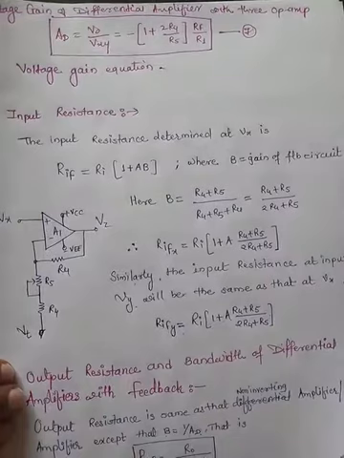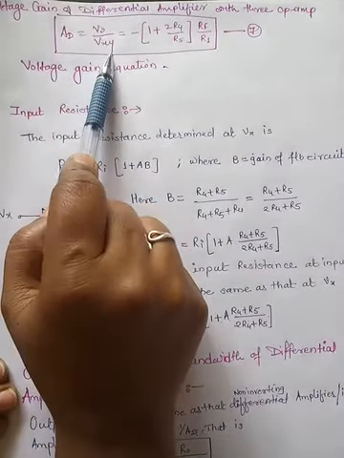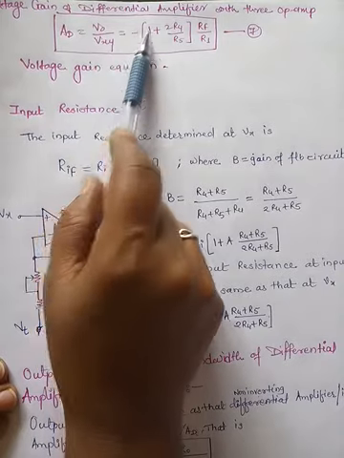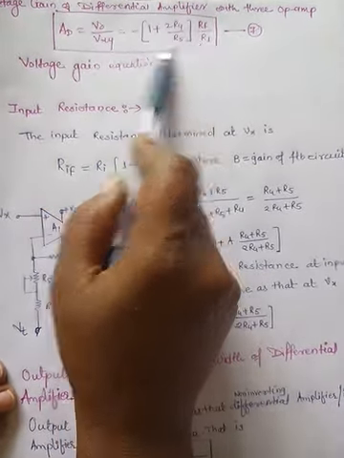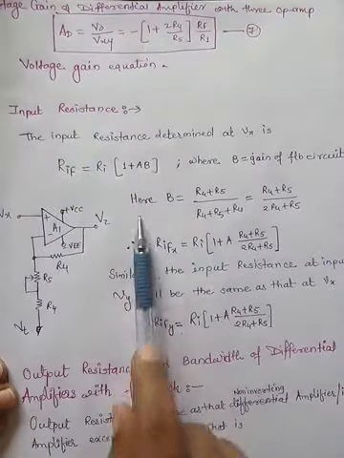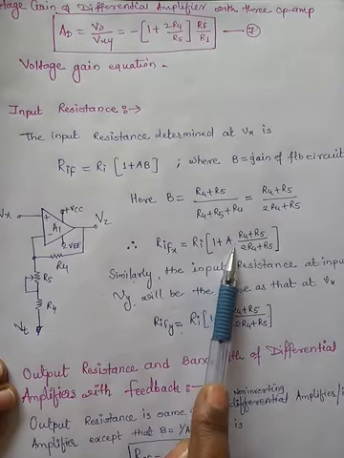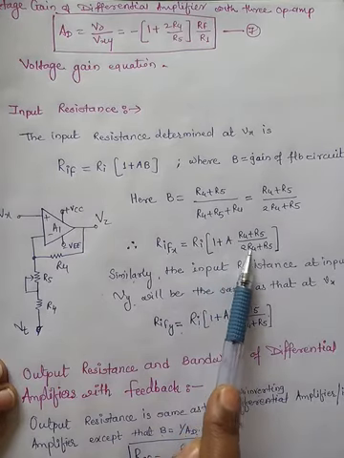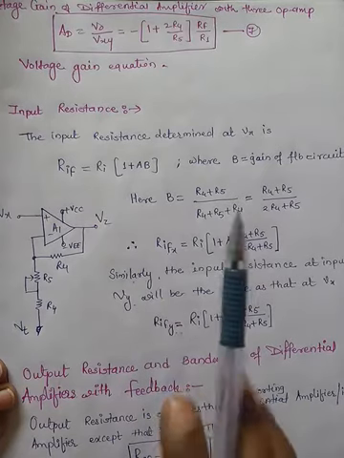So we can summarize here for the differential amplifier with 3 op amps, that AD is the gain, which is V0 by Vxy, equal to minus into bracket 1 plus 2R4 by R5 into RF by R1. Input resistance RIFX is equal to Ri into bracket 1 plus A, and B is R4 plus R5 by 2R4 plus R5, and RIFX is equal to RIFY.